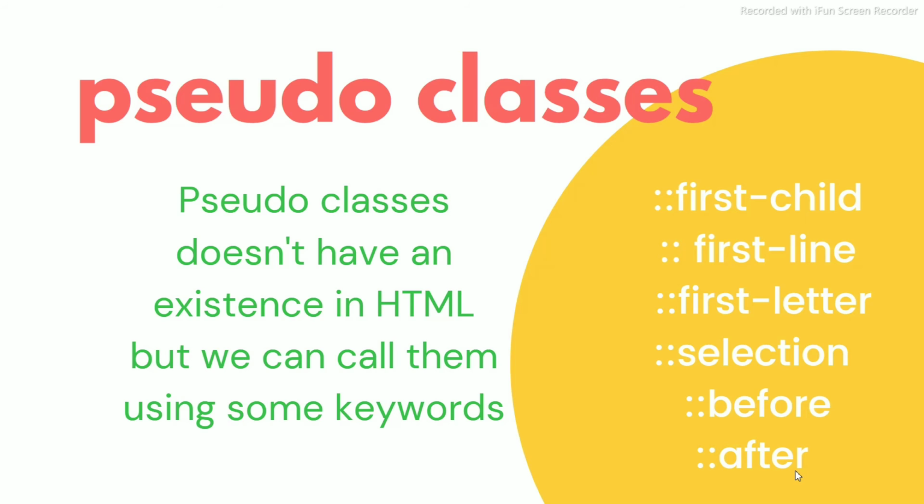Pseudo classes include many things, like first line, meaning we can give color or styling to the first line. Also we can give color and many other things to the first letter as well as the selection. We can select specific things, lists and tables or the rows in the tables and many of the elements of the HTML.